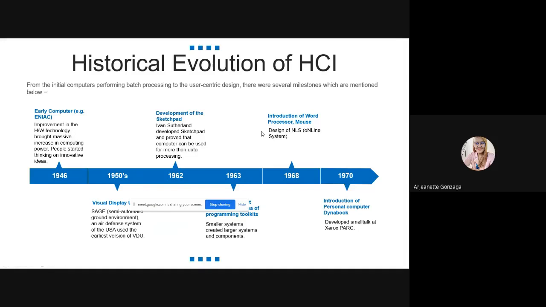So, we have, syempre, the historical evolution of the HCI. Nag-start siya from early computer or yung ENIAC, improvement in the HW technology. It brought massive increase in computing power. So, people started thinking of innovative ideas.